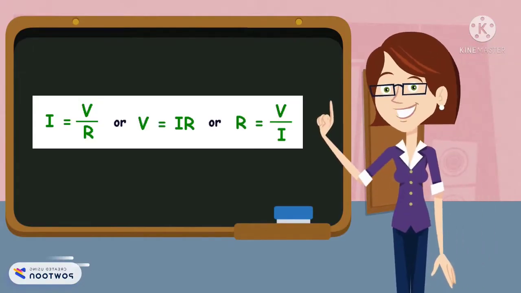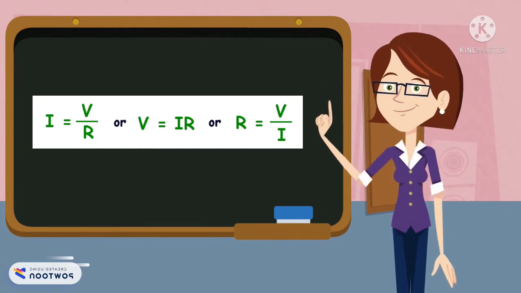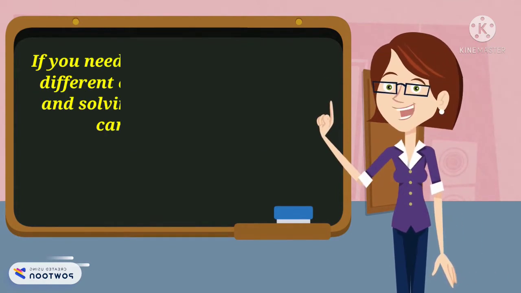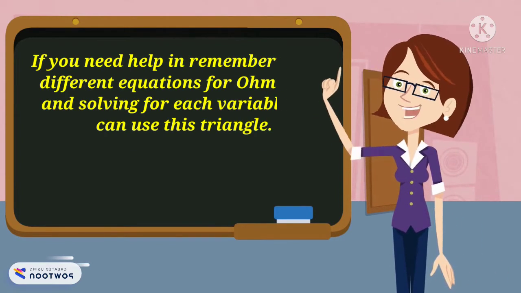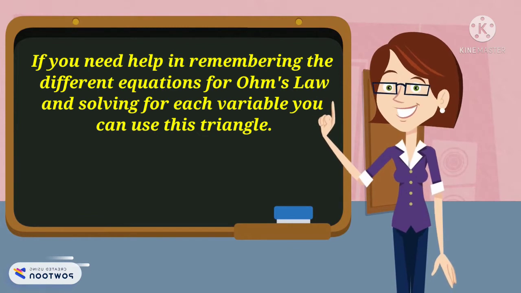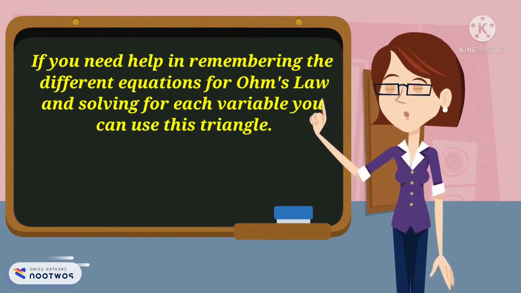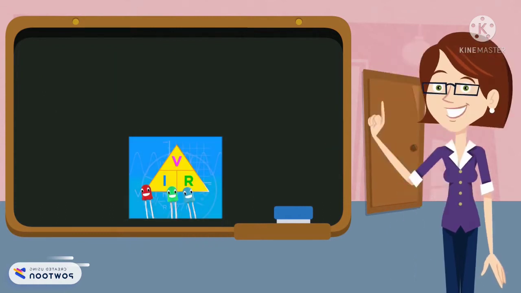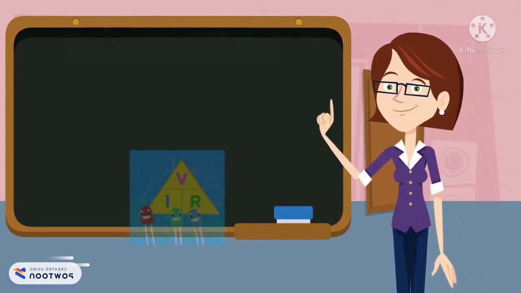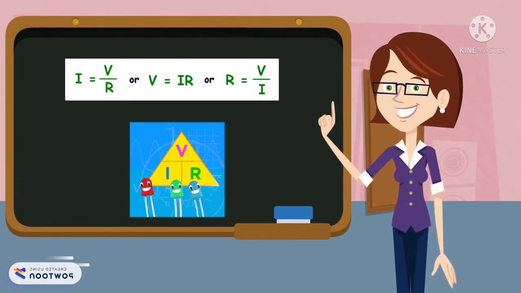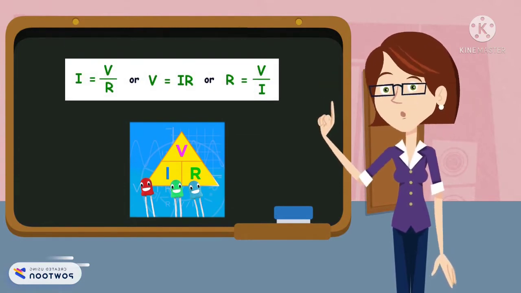This same formula can be written in order to calculate for the voltage or the resistance. If you need help in remembering the different equations for Ohm's law and solving for each variable, you can use this triangle. As you can see from the triangle, current is equal to voltage over resistance.